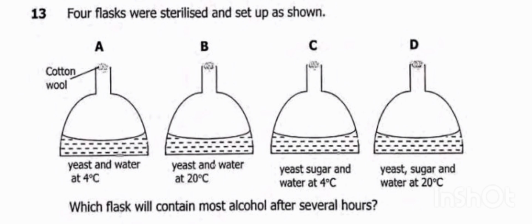Flask C has yeast, sugar, and water at 4 degrees Celsius, and D has yeast, sugar, and water at 20 degrees Celsius. Now, which flask is going to contain most alcohol after several hours?